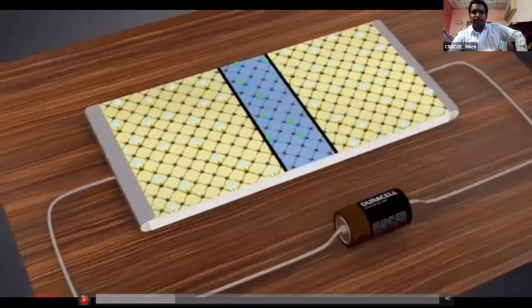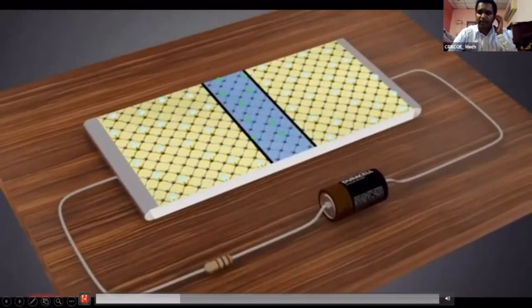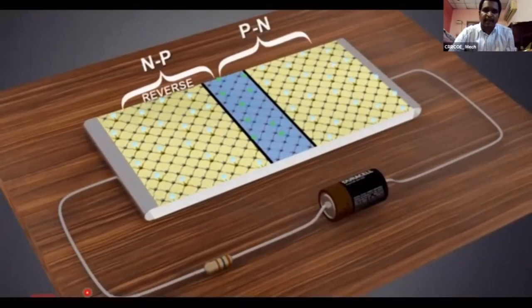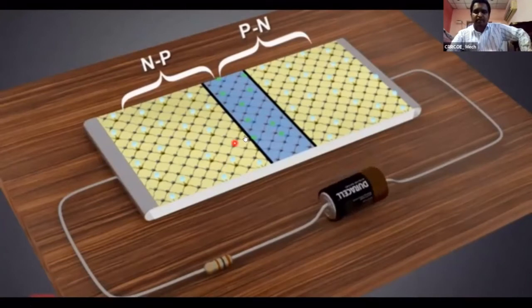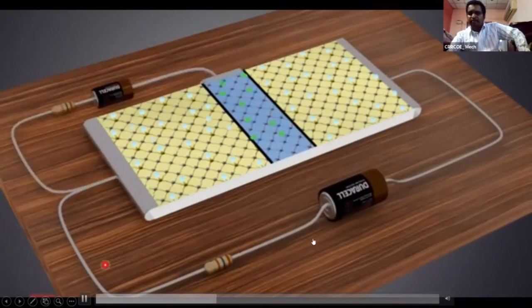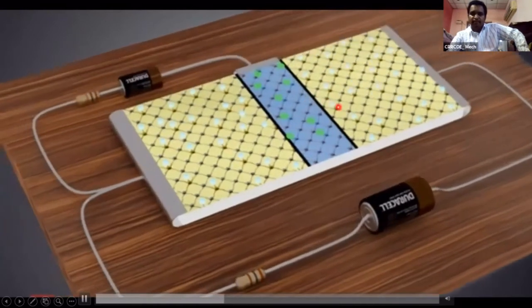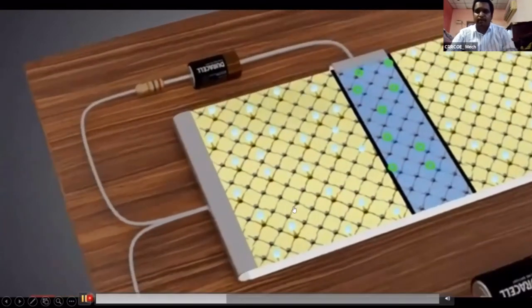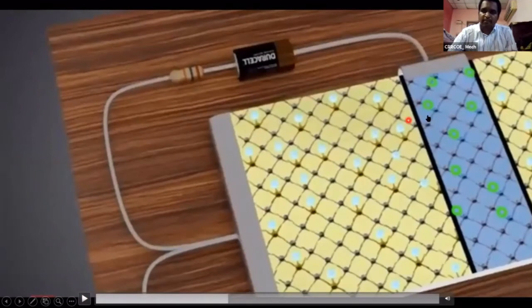Now we are seeing the working of the transistor in the active region. In the active region, the first junction is forward biased and the second junction is reverse biased. We connect some voltage here, which causes reverse biasing, while the emitter and base are in forward bias.